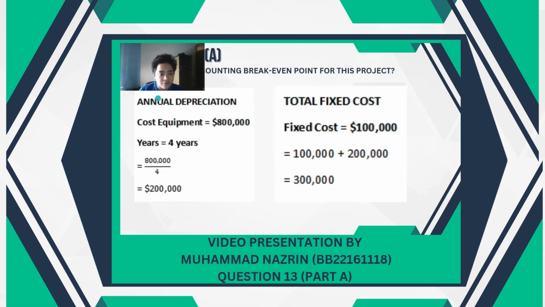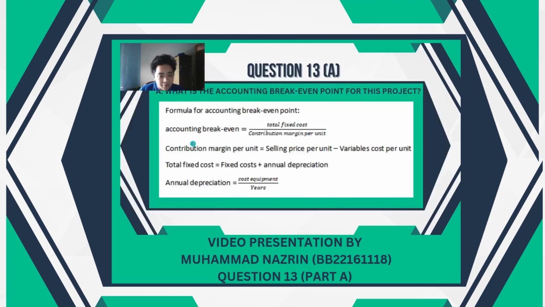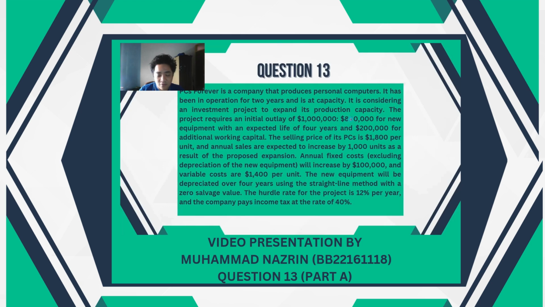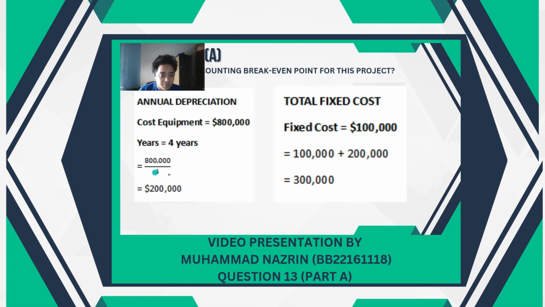First, find the annual depreciation, which is the cost of equipment, 800,000, divided by the 4 years. We can get this from the question: 800,000 for equipment with an expected life of 4 years. We divide 800,000 by 4 and get 200,000.